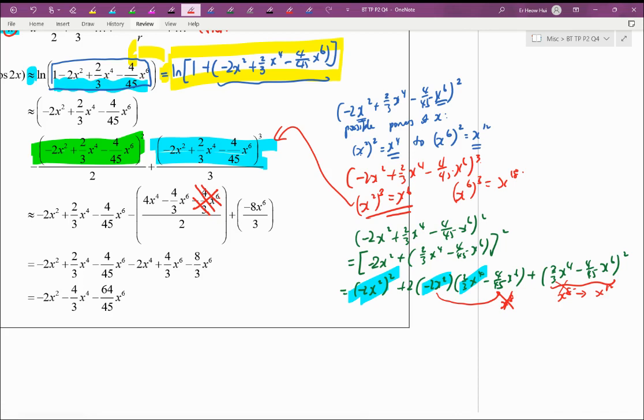Then finally, the last one, (-2x² + 2/3 x⁴ - 4/45 x⁶) to the power of 3. Same thing, you group them up.